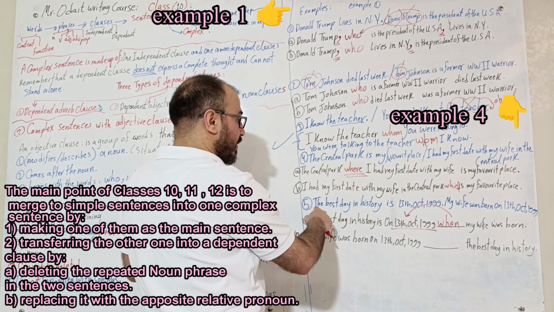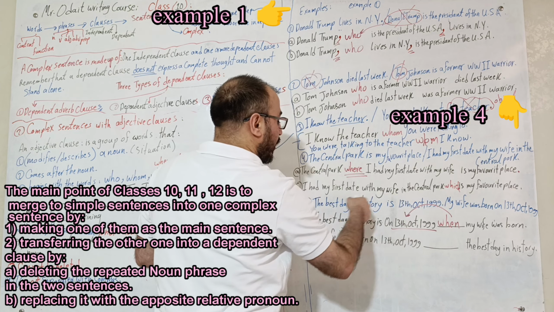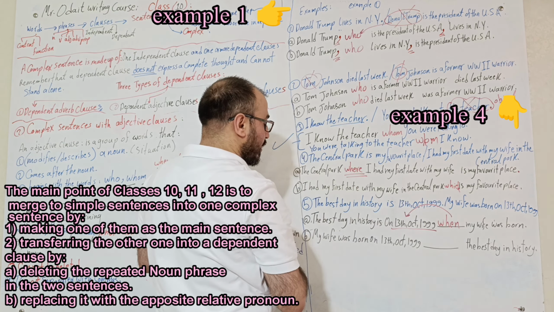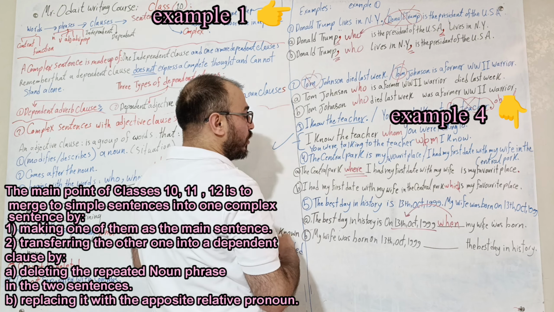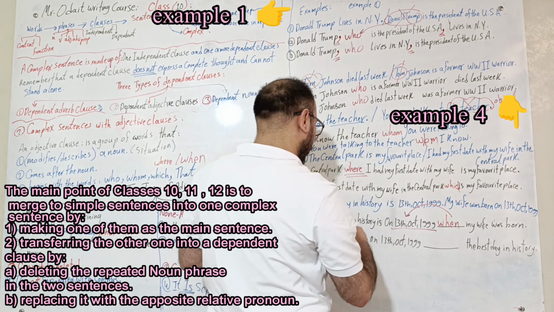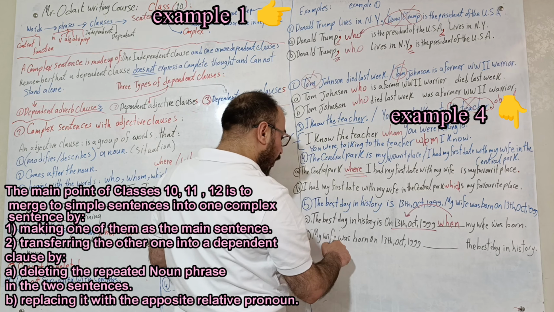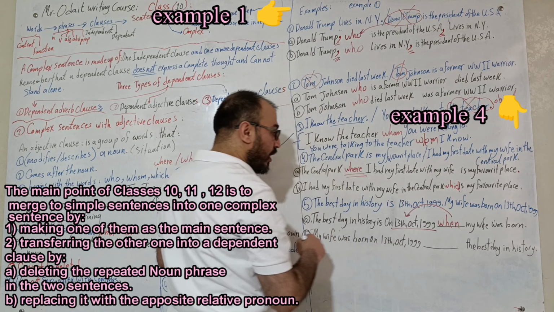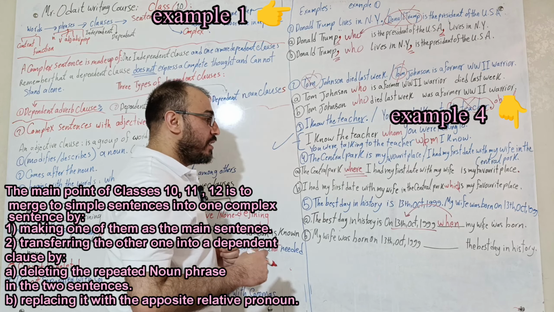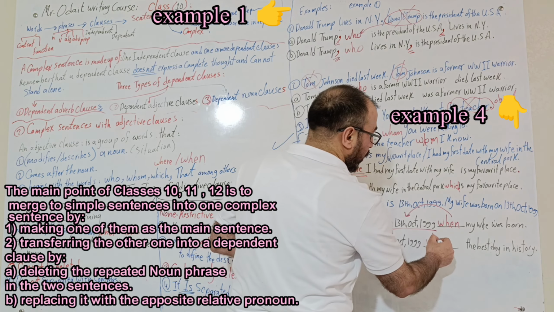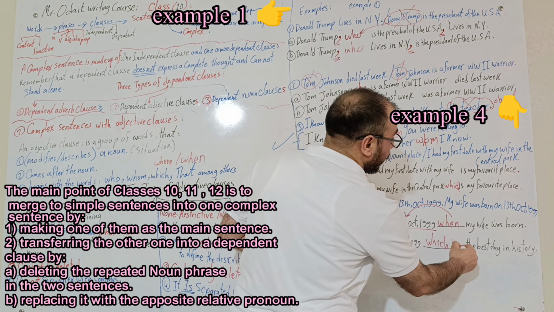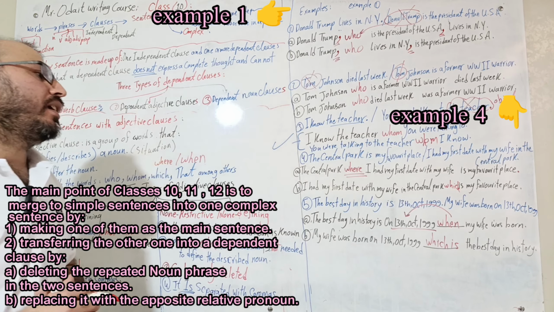Then, my friends, I transfer the first independent clause, or what is now a simple sentence, into an adjective dependent clause, and I say my wife was born on the 13th of October 1999, which is the best day in history.